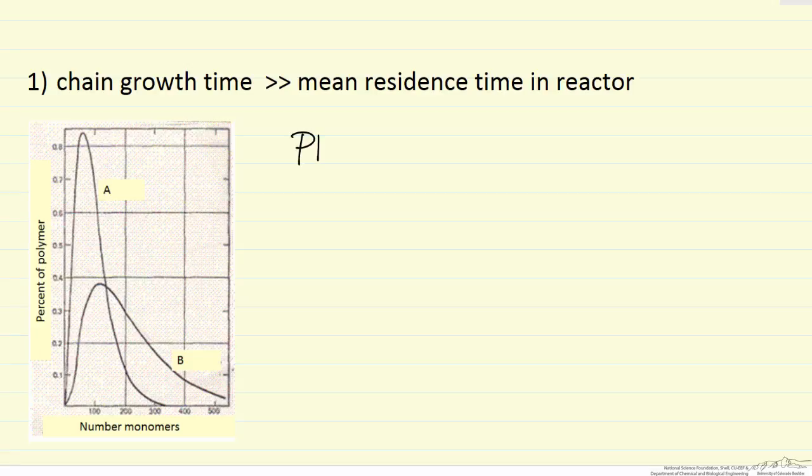Let's see what happens in a plug flow reactor. Of course, the same behavior would be expected in a batch reactor because they have the same residence time distribution. So the important thing about the plug flow reactor, all molecules have the same time in the reactor. If we assume it's ideal plug flow, then every molecule spends, for example, 15 minutes in the reactor.